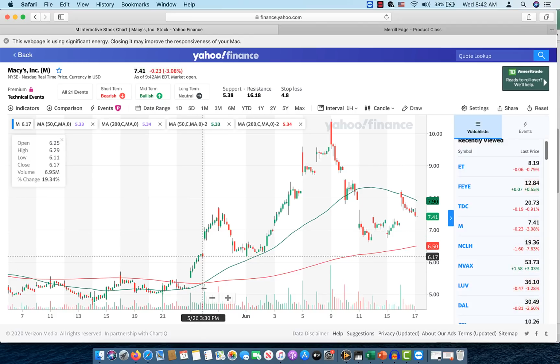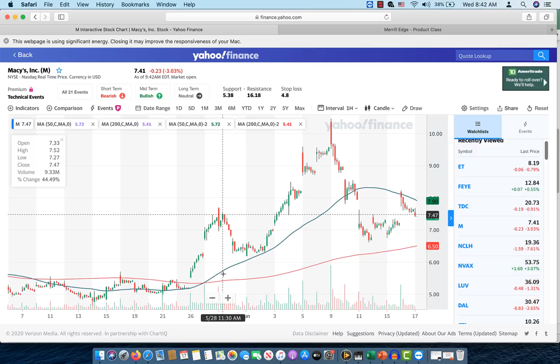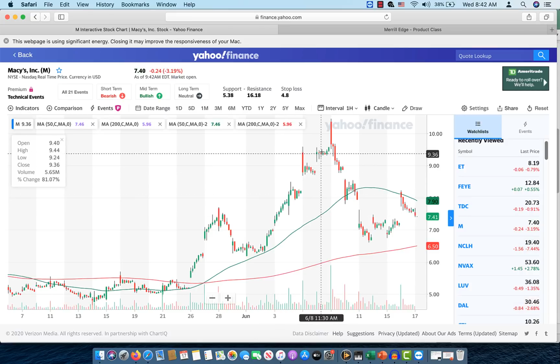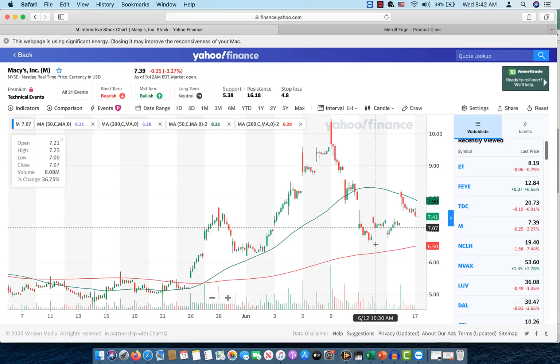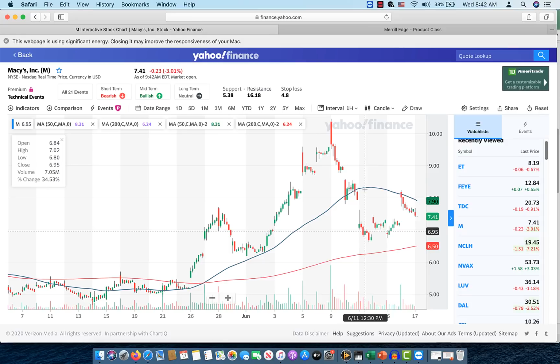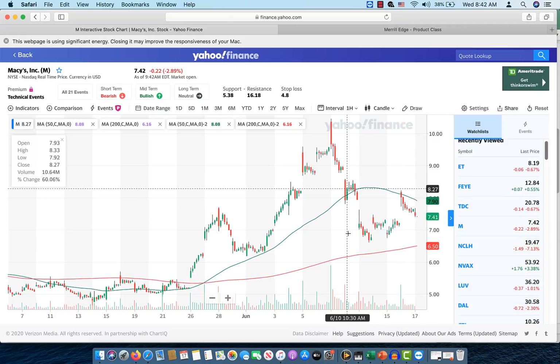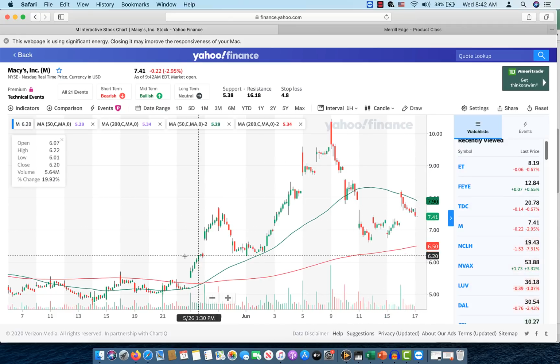We crossed, and then the 50-day took charge, and that's why our stock jumped up. Now it came back down here, but it was still a bullish indicator because the 50-day is way up here versus coming down close to the 200 line. Therefore, we're still in a bullish channel here.